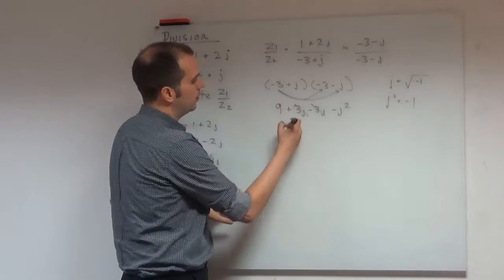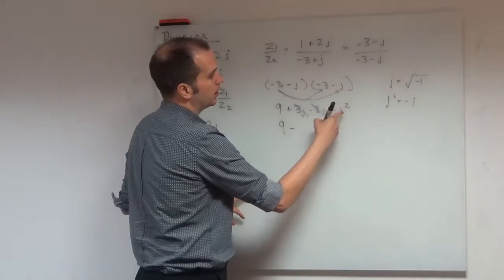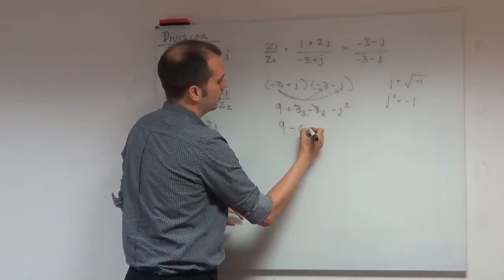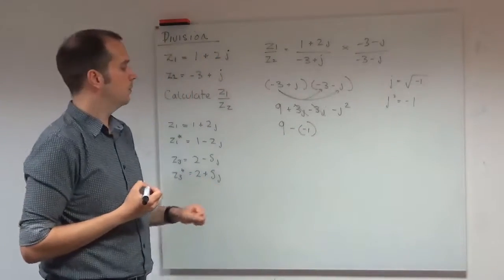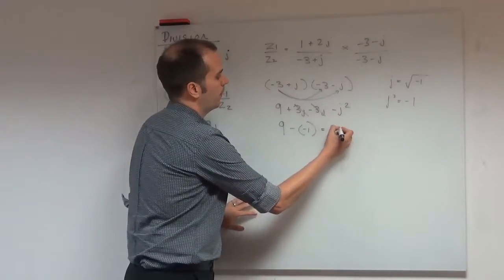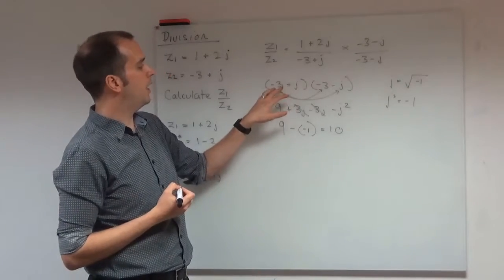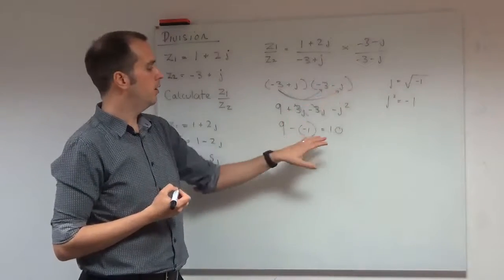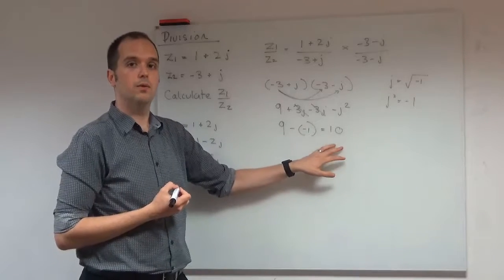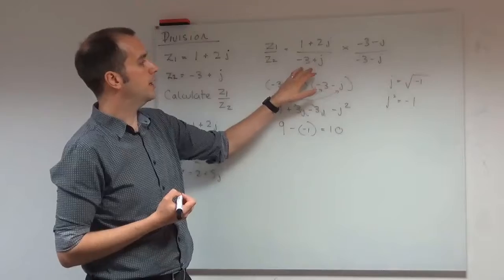We've got 9, these imaginary terms are cancelled out, and then we've got minus j squared, and j squared is minus 1. So we've got 9 minus minus 1, which is 10. So what can we see when we multiply a complex number by its conjugate? We end up with a real answer. There's no imaginary part. So that's our denominator.